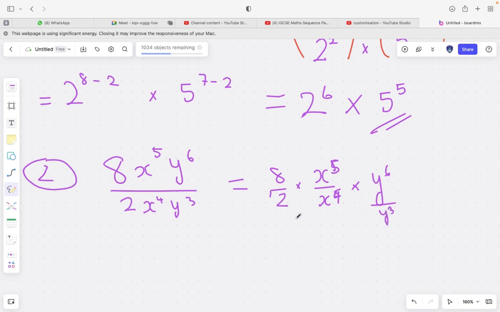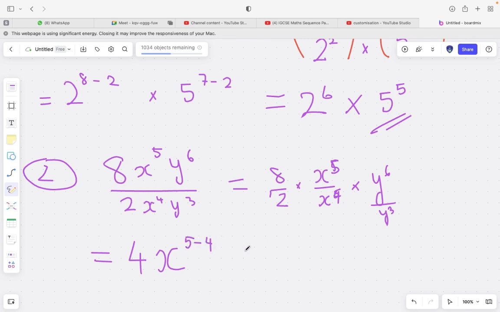If you take a look at this, then this is easy. We move to the next step. We just say 8 divided by 2, we get 4. And then apply second law to this, we write x, 5 minus 4, right? If you apply second law, because they are both same base, I already showed you, x to the power of 5 divided by x to the power of 4 means 5 minus 4.